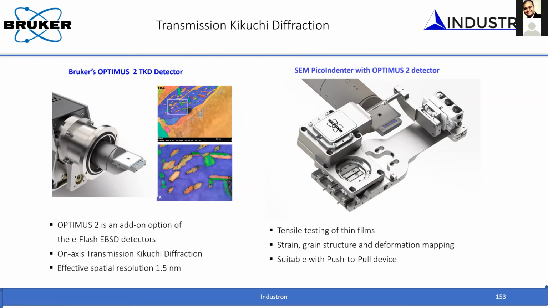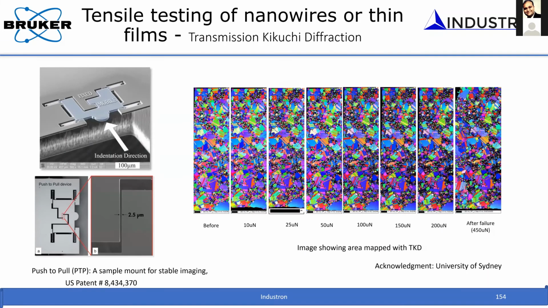So this is what has been done in this next slide. This is on a thin film, and this is from one of our customers who has done this experiment. In this case, you can apply different loads to reach different strains. You can record these diffraction patterns at each particular load and strain.